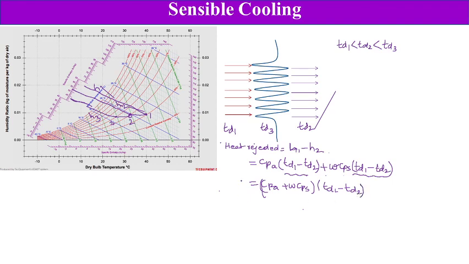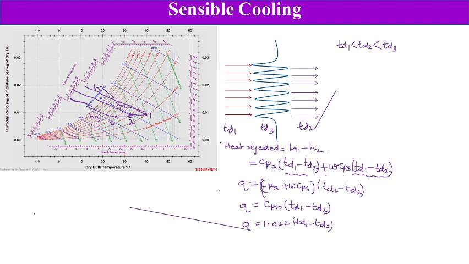So this is heat rejected Q, or this can be written as CPM TD1 minus TD2, where this is Q. So this CPM in general practice it is equal to 1.022 into TD1 minus TD2. So this is heat rejected.